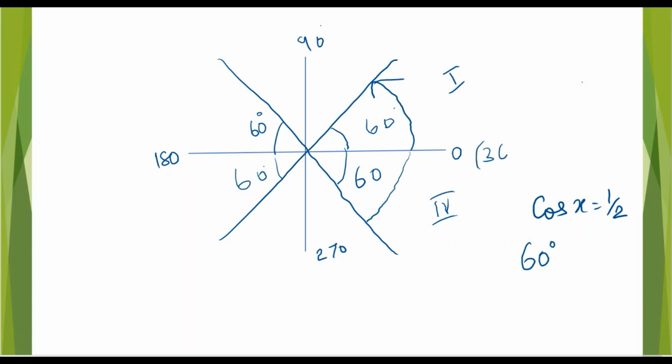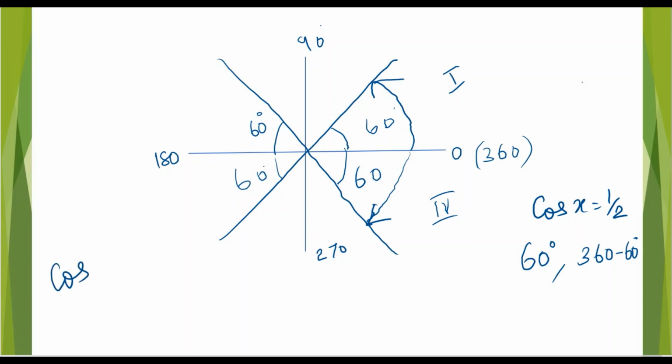This is 360 also. Go in the clockwise. This is in the anti-clockwise. So you'll get 360 minus 60. So that is 300. So the solutions are 60 and 300.